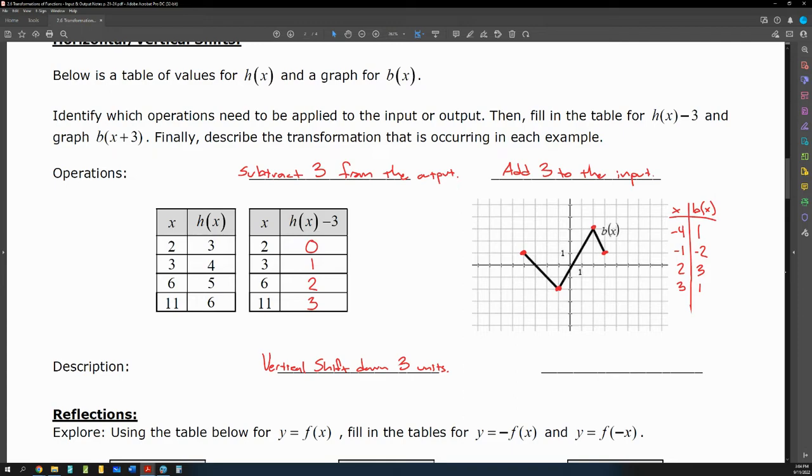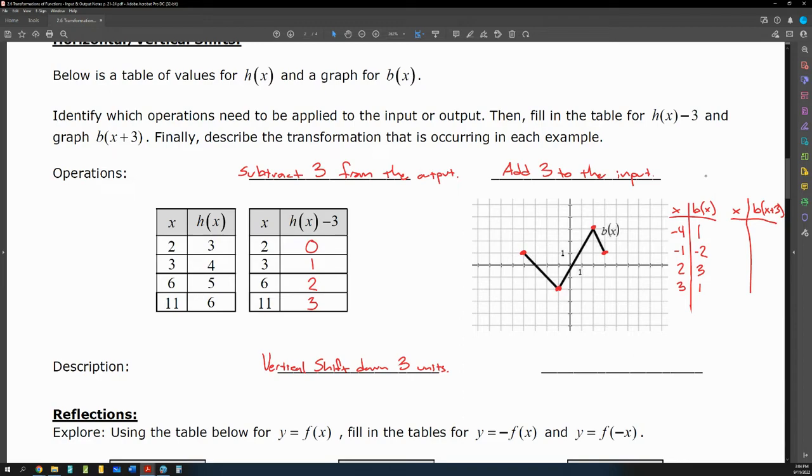Now, in order to find the transform function, let's make another table of values, x and b of x plus 3. We only have these 4 original values of the function. So when we're adding 3 to the input, we have to ask ourselves, for what x value, when we add 3, is going to give us -4?